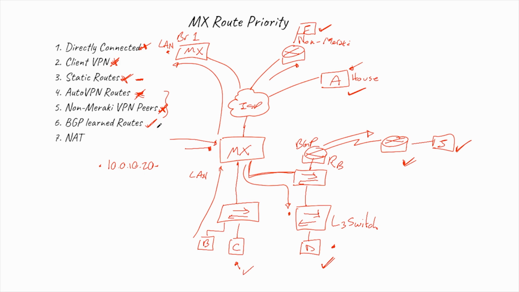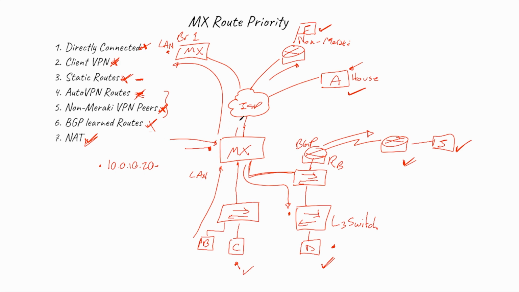And if none of that worked, if the traffic being sent from host B to the MX with that destination IP address is not in the directly connected devices, client VPN devices, static routes, Auto VPN routes, non-Meraki VPN peers, or BGP learned routes, then it's going to use the NAT. So this NAT is the default, a catch-all.